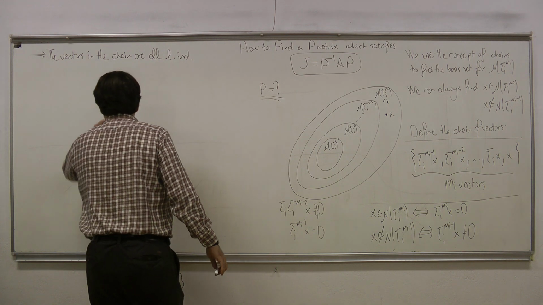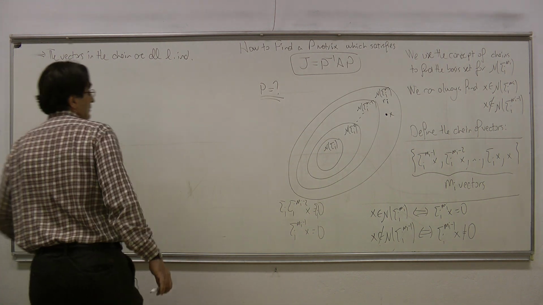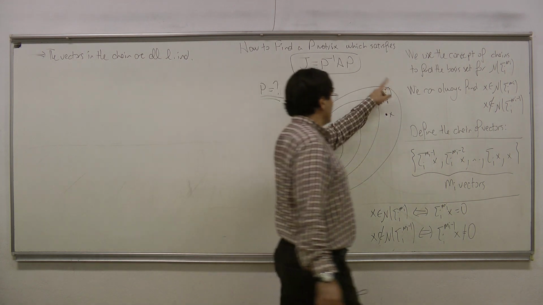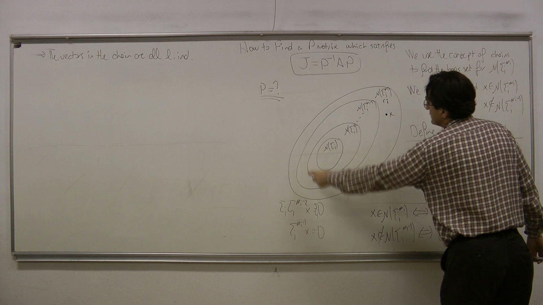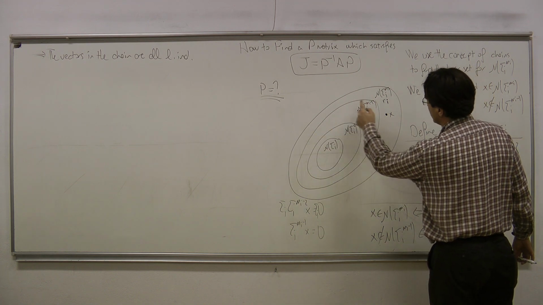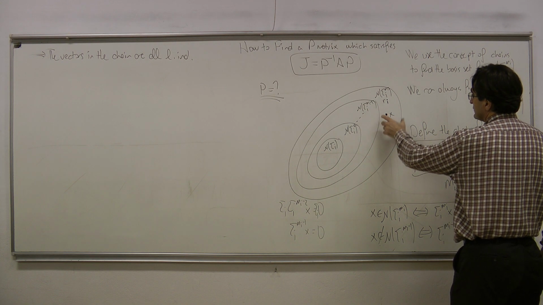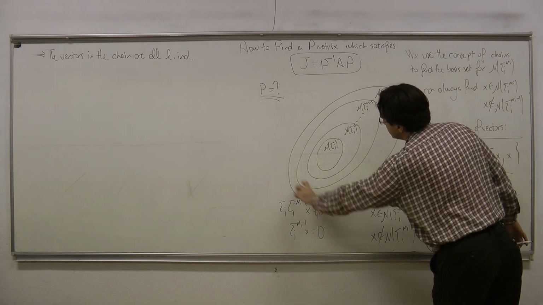Which one is it? I know where X is. X is in this disk. Okay, it's inside this largest null space, but it's not in the one inner null space. So X is living in this disk here, in this outermost disk.